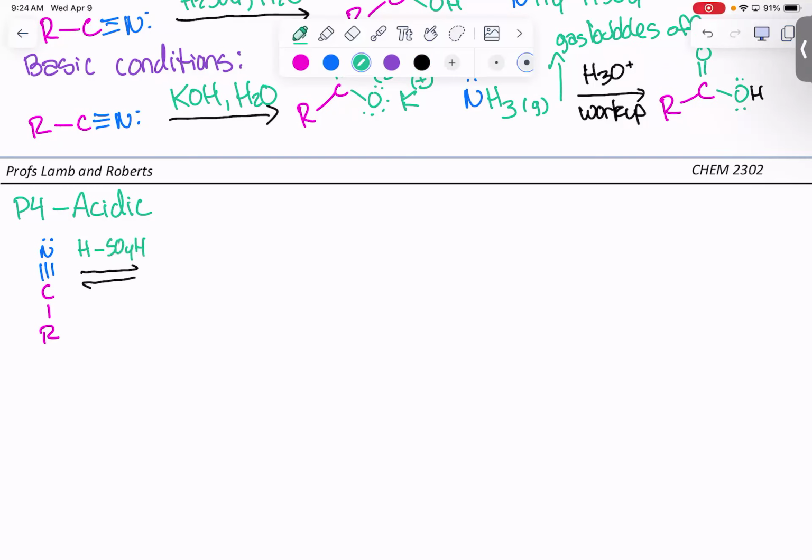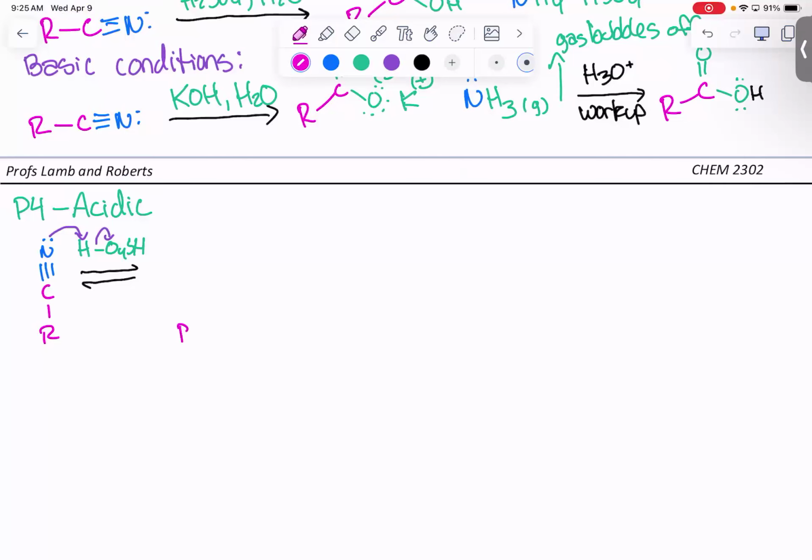So we can have our H2SO4 proton get deprotonated by our base. Our nitrogen lone pair can deprotonate that OH bond. We've seen this a lot of times before: we're trying to make our electrophile more electrophilic.